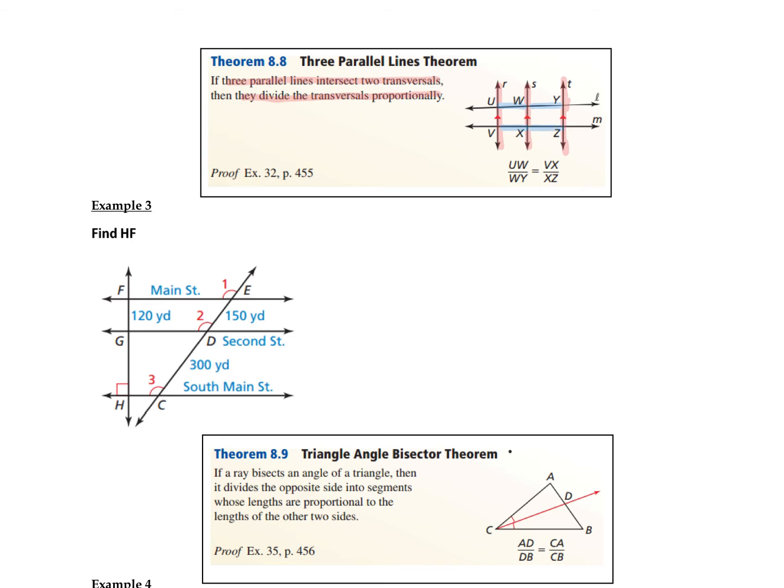Okay, so let's look at our picture on example 3. Find HF. So where's HF? Here's HF. So let's look at what they gave us here. We've got 150 corresponds to 120. We've got 300 here that corresponds with this one that we don't know, so let's call that X. Then we can cross multiply.